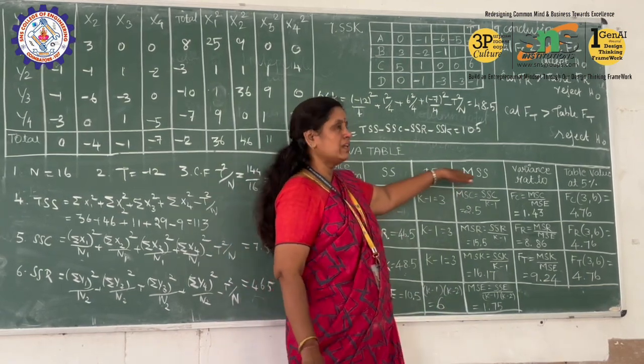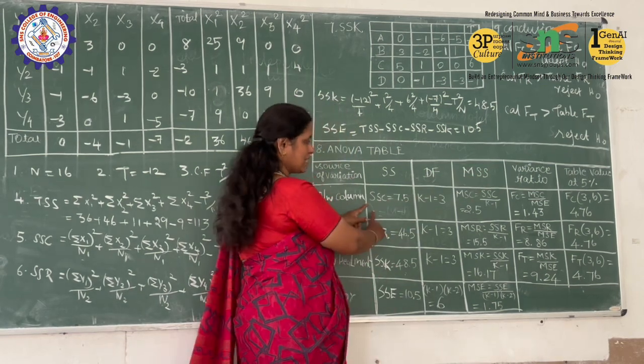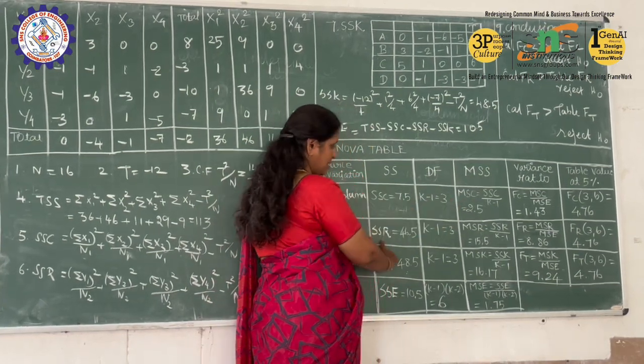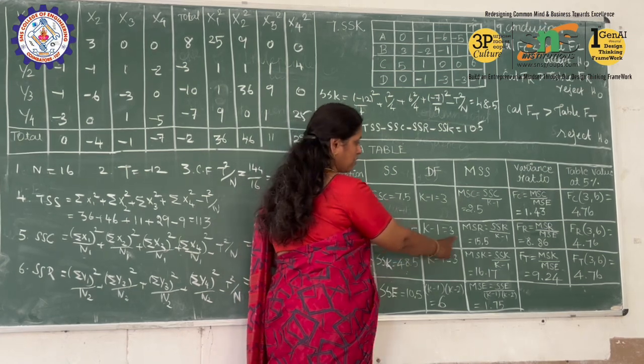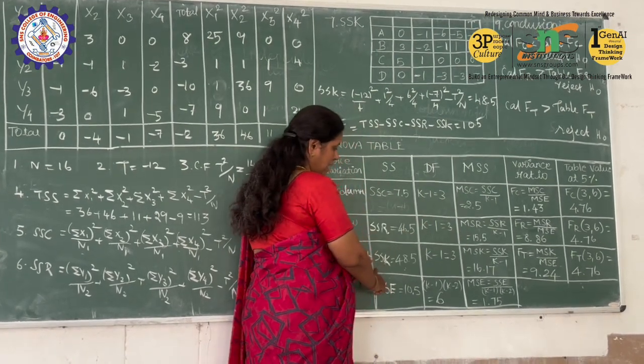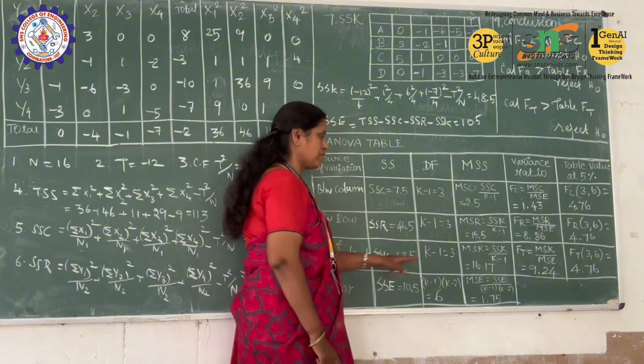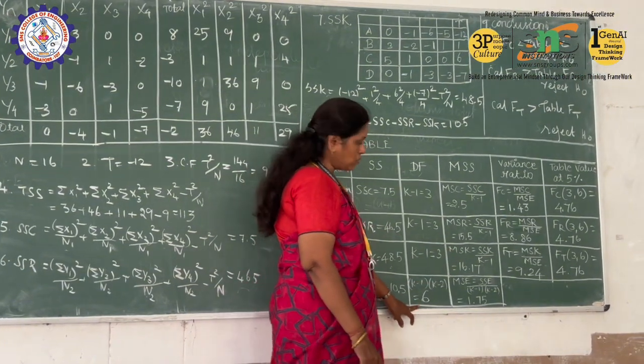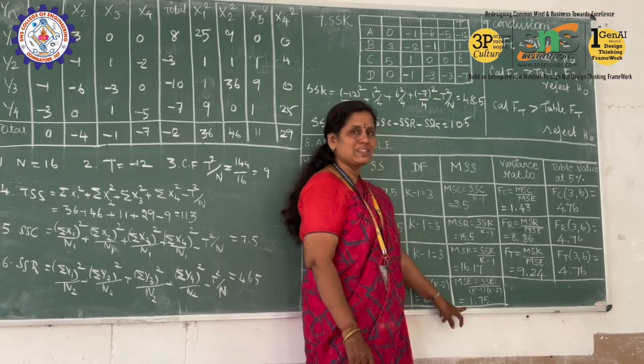After that we find the mean square values: SSC divided by its corresponding degrees of freedom we get MSC, SSR divided by its degrees of freedom we get MSR, SSK by its degrees of freedom we get MSK, and SSE divided by its degrees of freedom we get MSE.